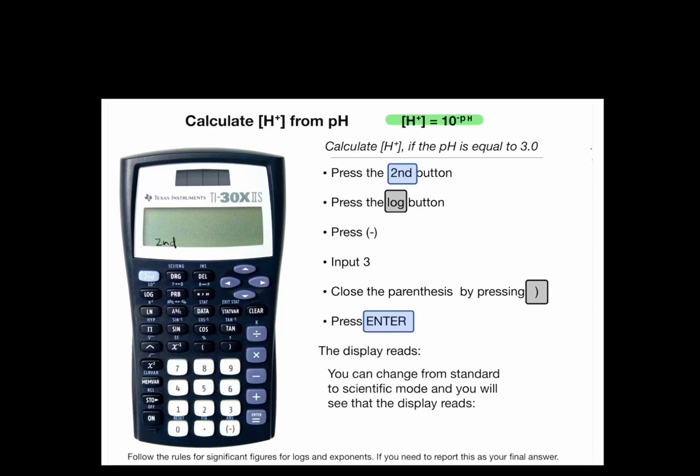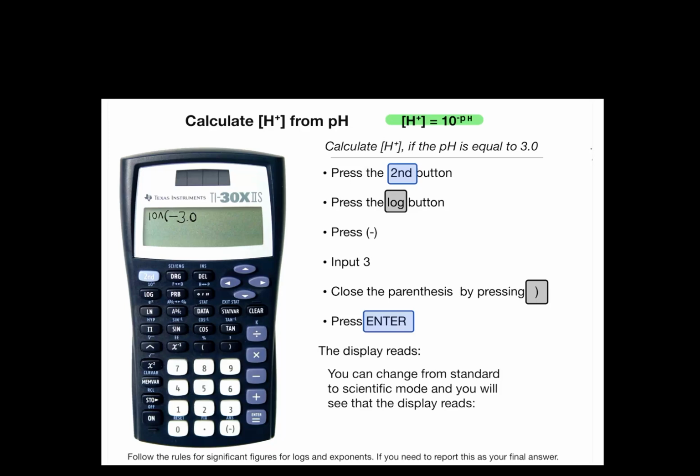The next step is to press the log button, which has 10 to the x above it. Now the display shows 10 caret parentheses. Press the negative sign because I have to put a negative in front of the pH. Next, input 3. You don't have to put the 0 behind because, again, the calculator doesn't consider significant zeros behind a decimal place if there's not another number behind that, but you can put the 0 in there if you'd like.